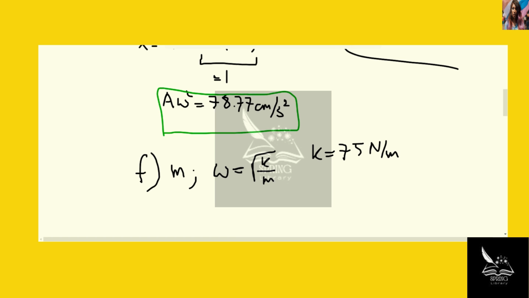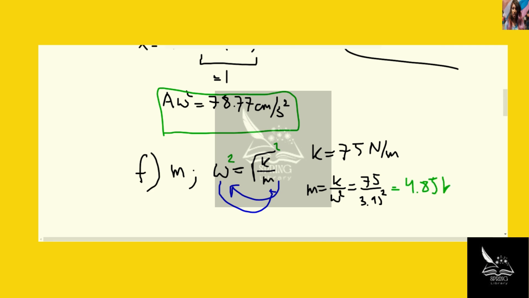Okay, and if we now square both sides, and then we move the m to the left-hand side and omega squared to the right-hand side, we'll simply get that m equals k over omega squared. That is 75 over 3.93 squared, and that's equal to 4.85 kilograms. So these were all our solution 5.